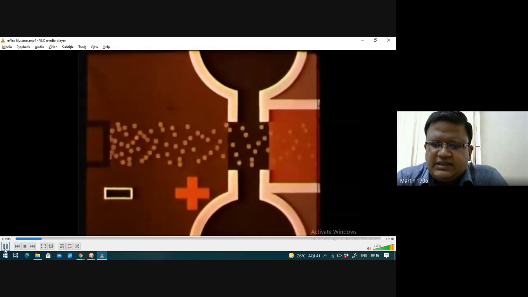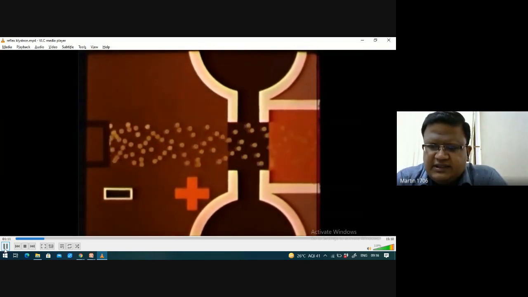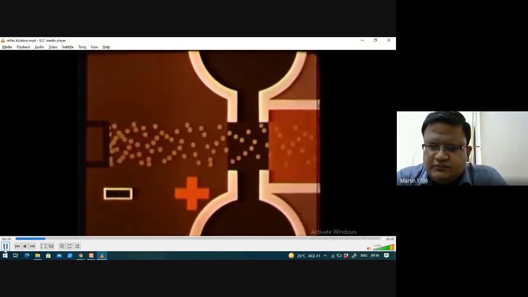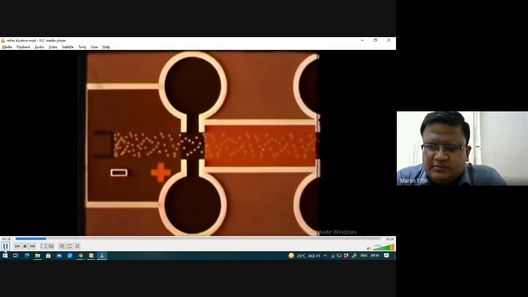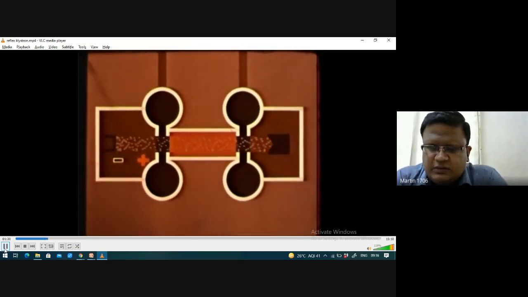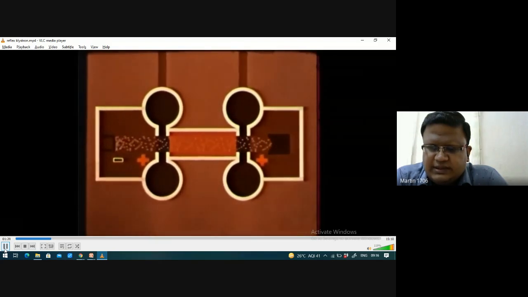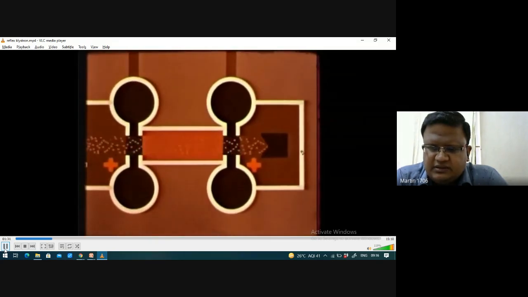The electron starts to move within this gap of the first cavity. Please see the bridging orange part. There the accumulation of the electrons takes place. At a certain interval, all the electrons will be caught by the catcher cavity.